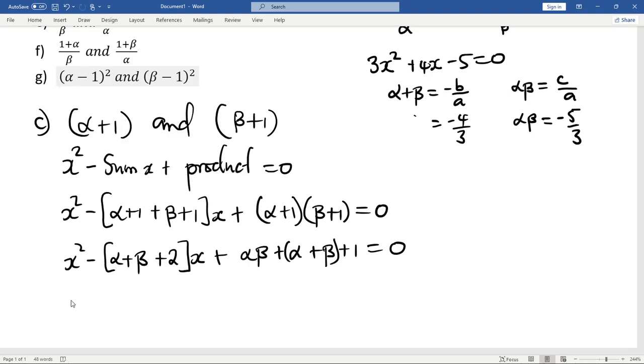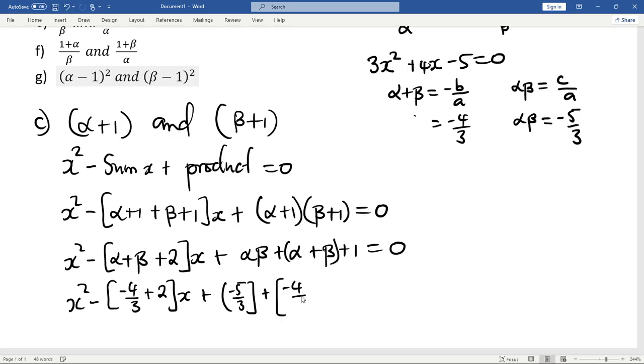So here we have x squared minus, open brackets, negative 4 over 3 plus 2. We close, we have an x here, plus we have negative 5 over 3, like this here, then plus negative 4 over 3 plus 1 equal to 0.